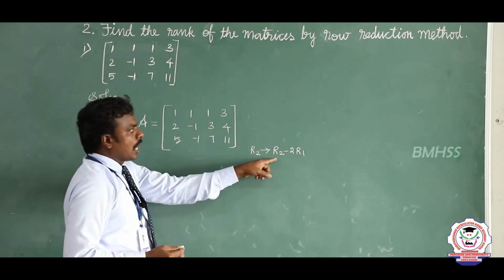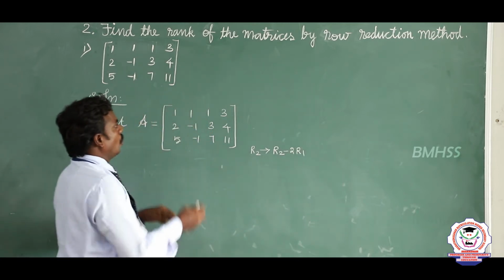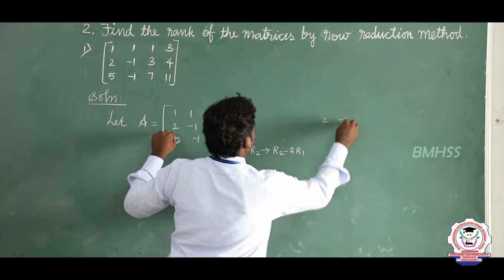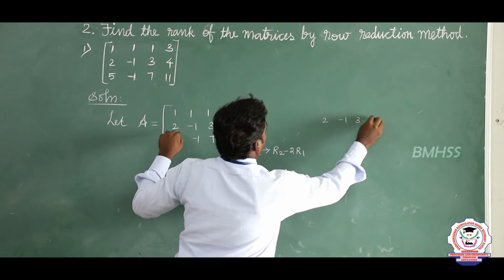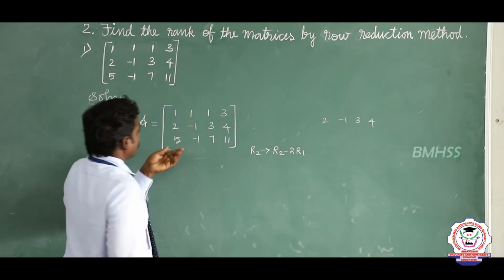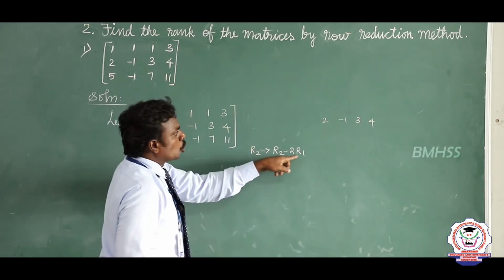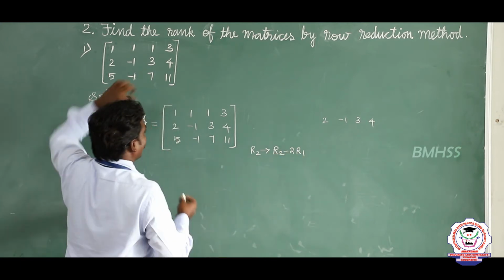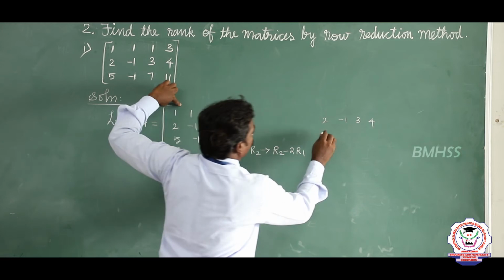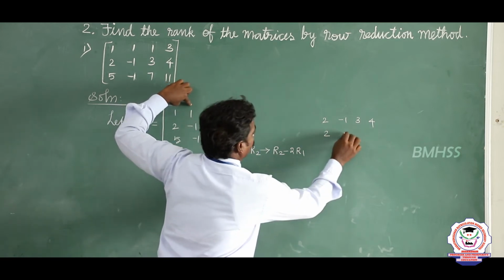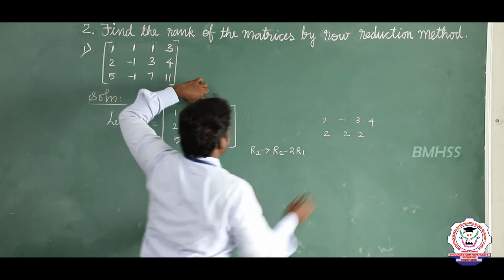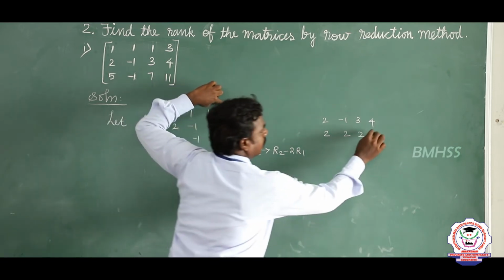What are the R2 values? In the second row, the elements are 2, minus 1, 3, 4. Minus 2R1, so first row multiplied by 2: 1 into 2, 2; again 1 into 2, 2; 1 into 2, 2; and 3 twos are 6.